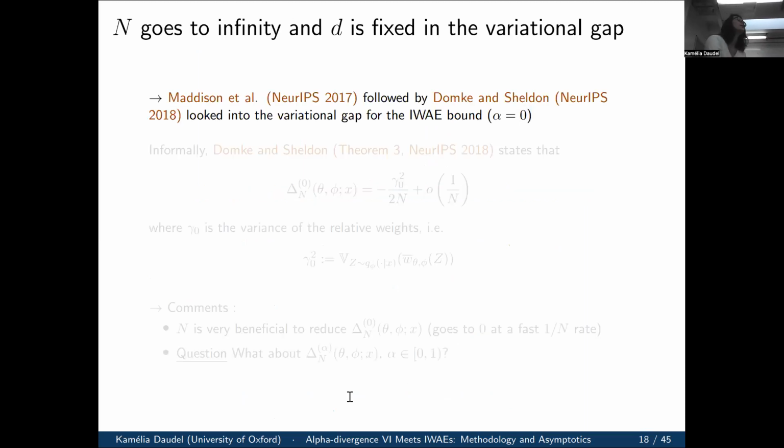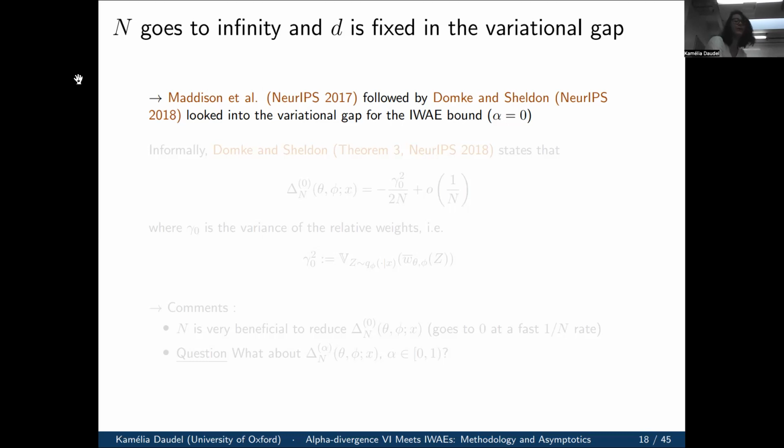So why did we start with this case? Not just because we want to keep D fixed to something, but because in the literature, a special case had already been studied. Maybe you're aware of this paper by Maddison et al., NeurIPS 2016, and Domke and Sheldon, NeurIPS 2018; they've been looking at the variational gap for the IWAE bound. Has anyone heard of this paper?